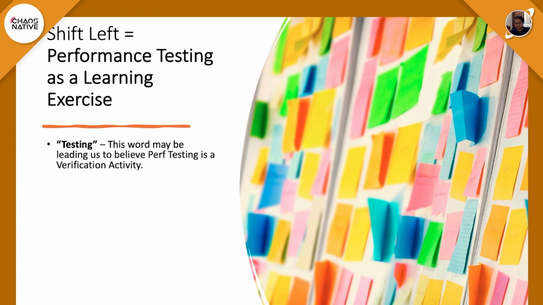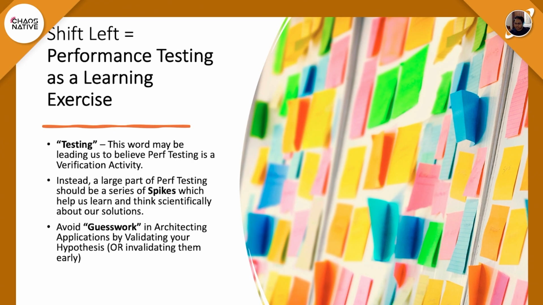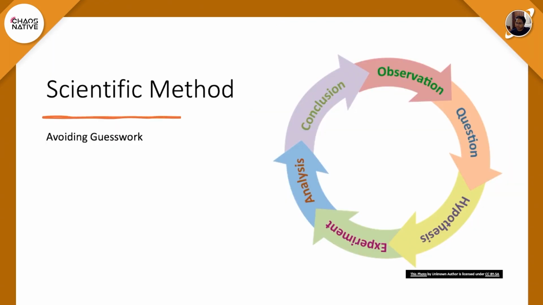Because of the word testing, performance testing is usually something that we tend to believe is more like a verification activity that comes towards the tail end of the development cycle, just to see if everything is working fine. But rather, it'd be nice if we could use perf testing more like a learning activity through multiple spikes, which helps us avoid guesswork in our system architecture by helping us learn quickly in terms of what we are trying to design.